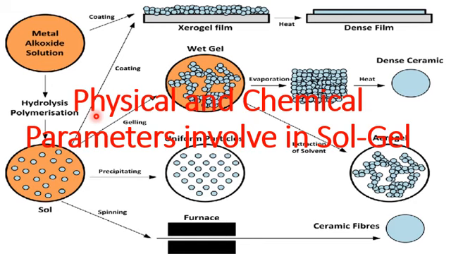Okay, so suppose you want to prepare copper iron oxide nanoparticles. Copper iron oxide is basically a ferrite. So if you want to prepare CuFe2O4 nanoparticles, what do you need to consider in preparing CuFe2O4 nanoparticles via sol gel process?